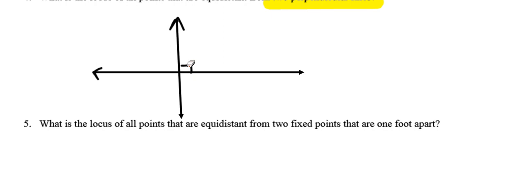And I want the set of all points that are equidistant from those two lines. So the same distance to one line as it is to the other. So there's a point that's the same distance to this line as it is to this fella. There's a point, same distance here as it is down to here. Here's a point, same distance to this line as it is to that one. Here's another one.